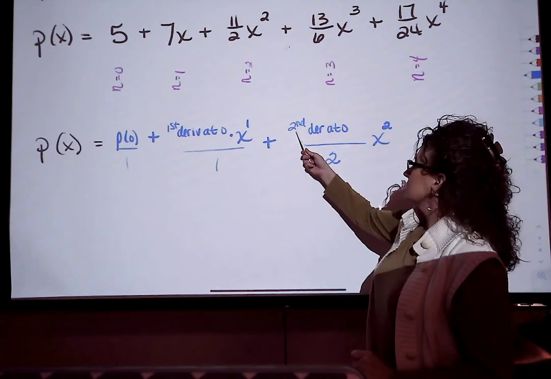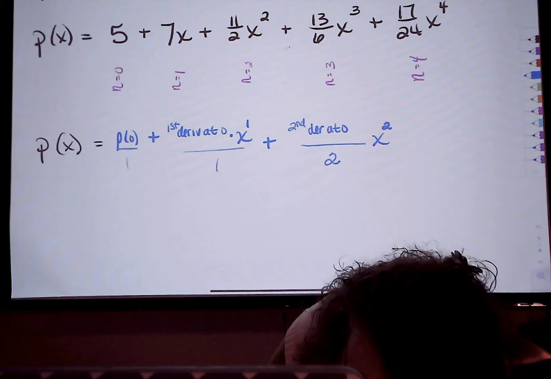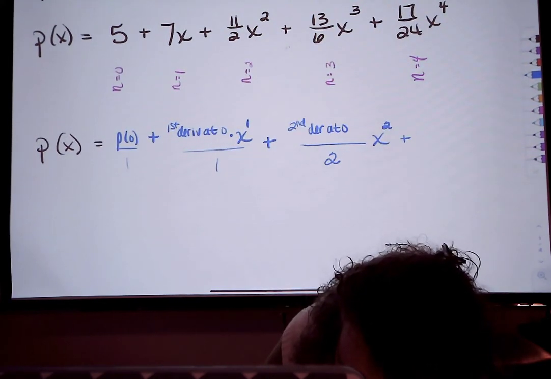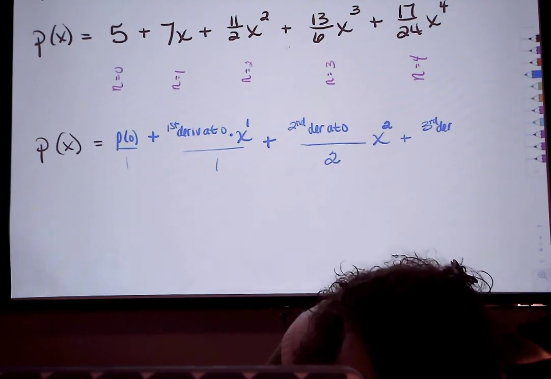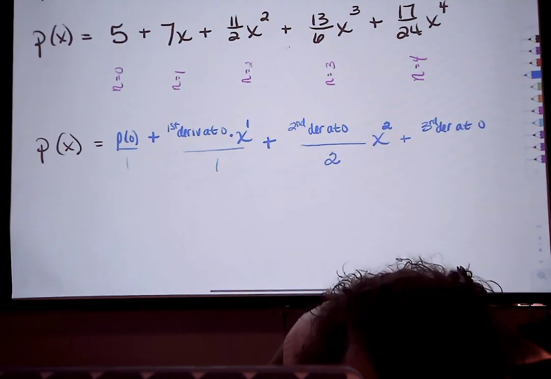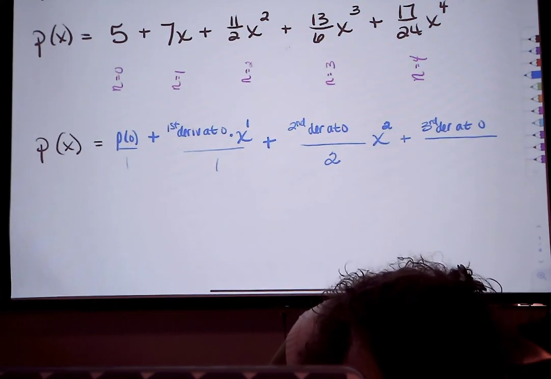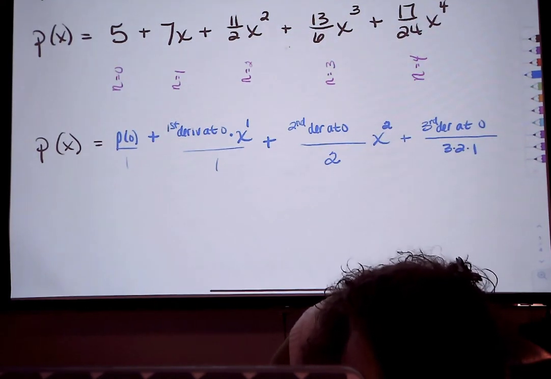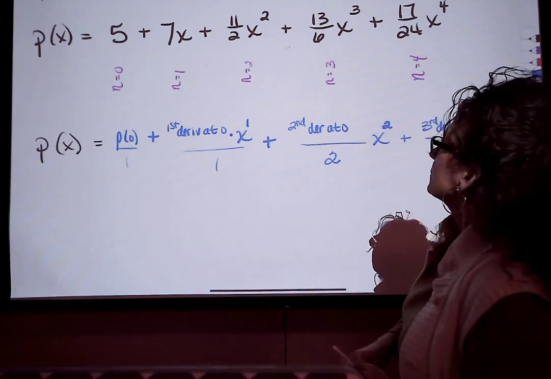So you're starting to see some patterns. Next term, let's see, 13. Where did 13 come from? 13 was my third derivative at 0. There's a 6 on the bottom. Now 6 just happens to be 3 times 2 times 1. And this is x cubed, right?